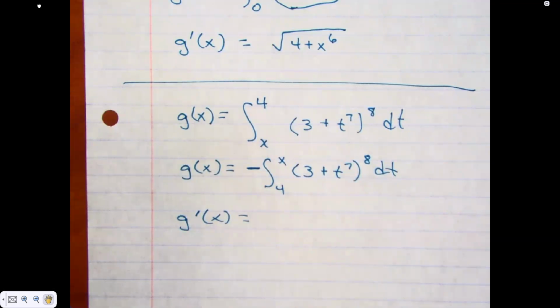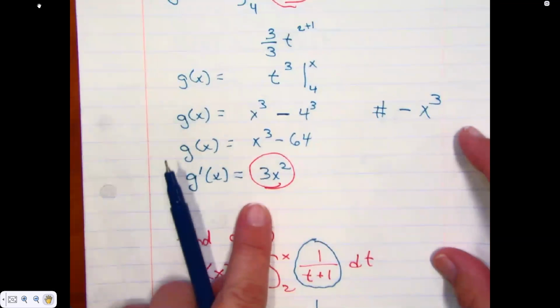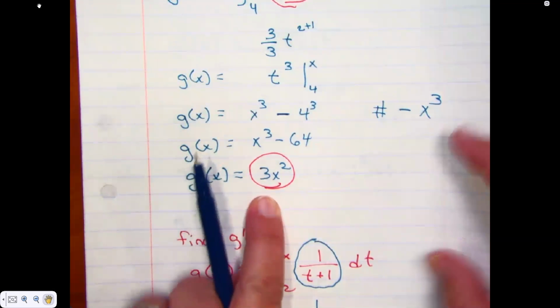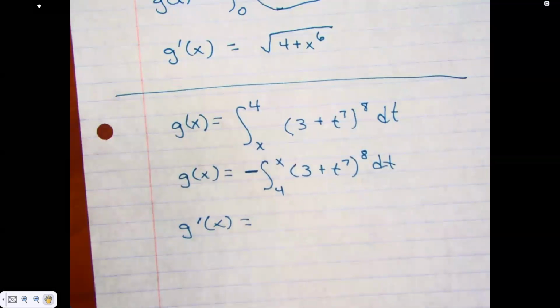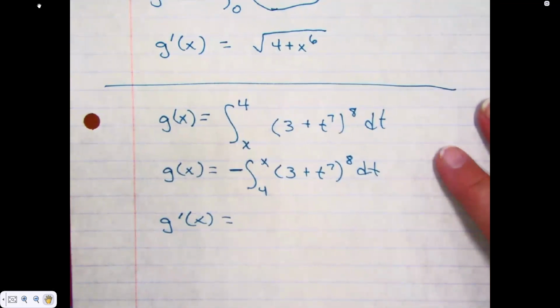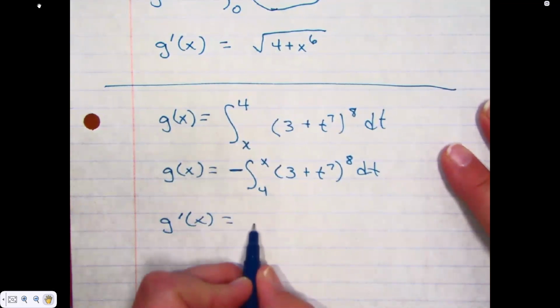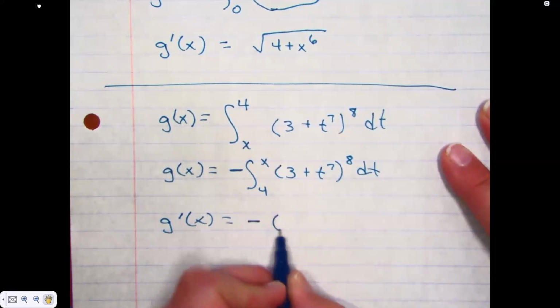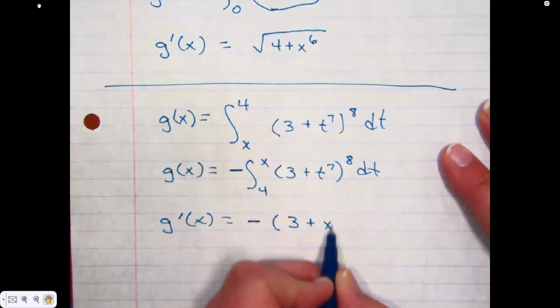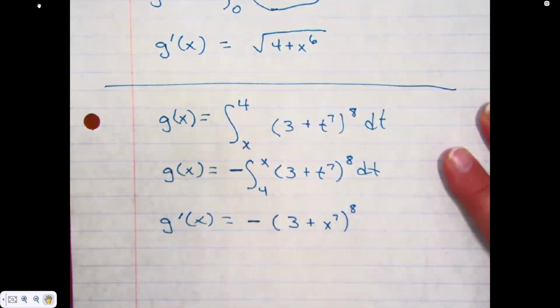This was just to show you that it does work, or why it works. But the goal is to take the integral and the derivative, and just go right to the answer. You know that they're going to undo each other. Good question. So this guy, just make sure that you bring this negative sign down. And then it's 3 plus x to the 7 and then to the 8.